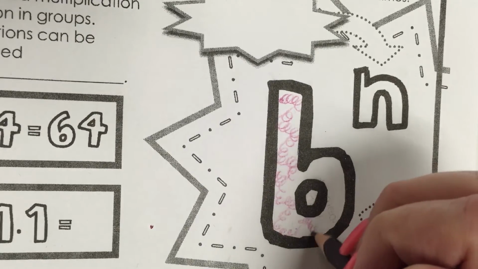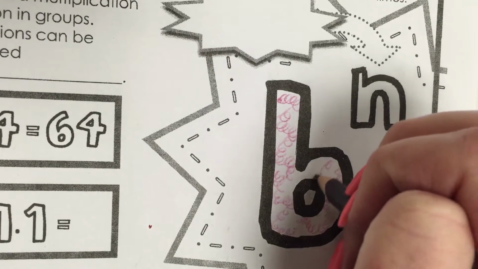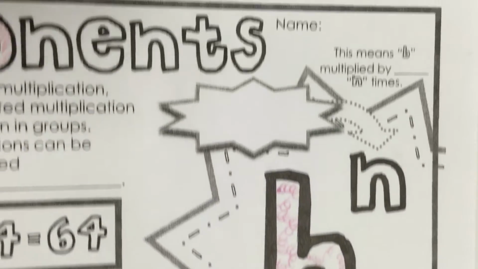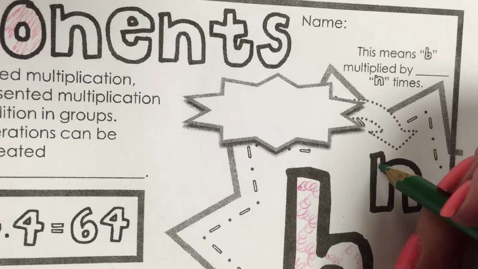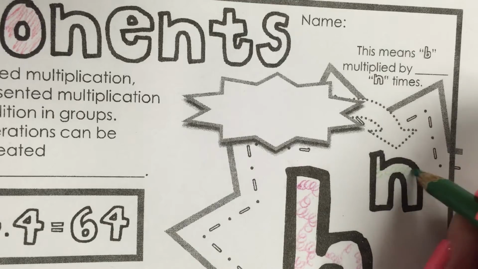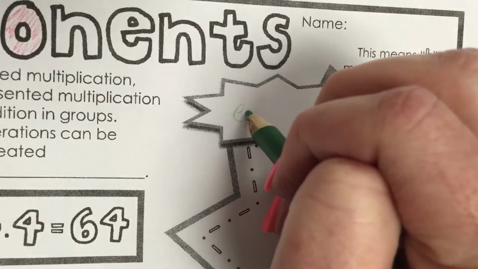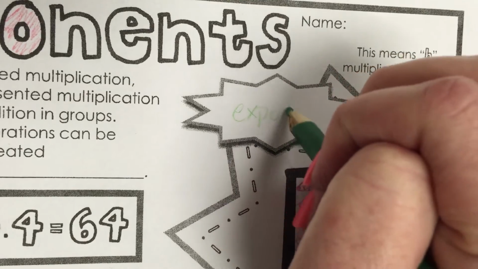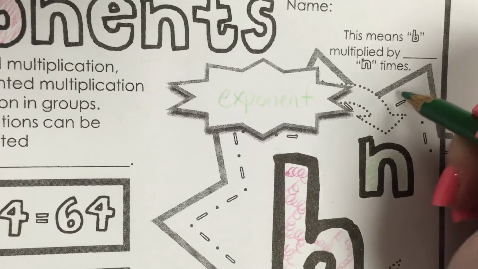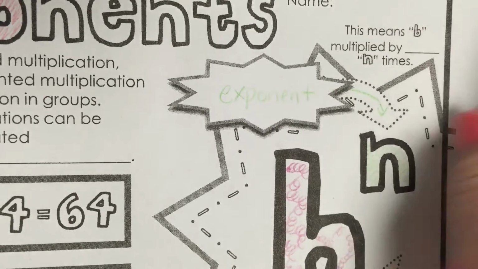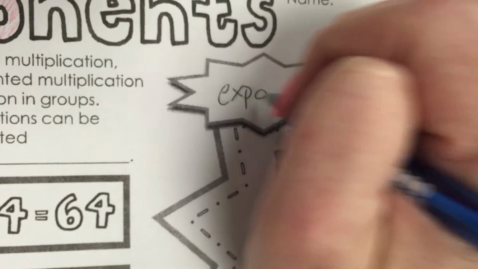Now, of course, starting out, your b is actually going to be a number, and we'll look at that in just a minute. The n, though, is going to represent what we call the exponent. Sometimes we hear the word power, but exponent is the term we use, and in some countries they call it the indice, which if you watch any Math Antics, you'll see them use.